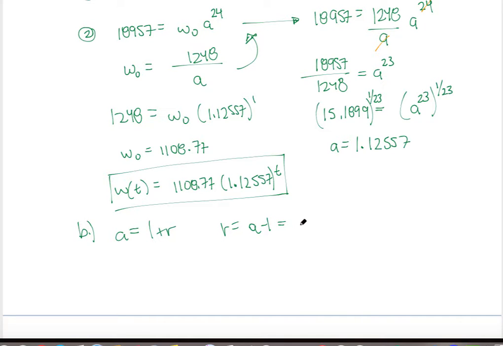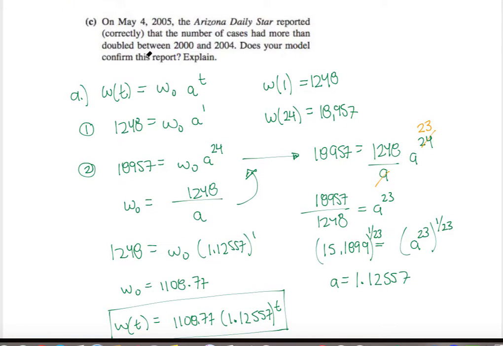So we would have 1.12557 minus 1, so our rate is 0.12557. Or we can say that is 12.557% per year.